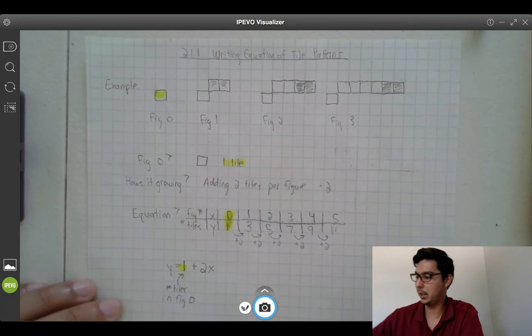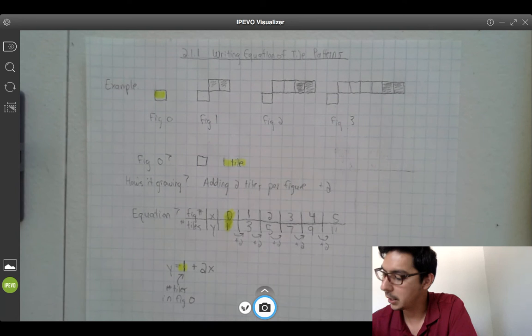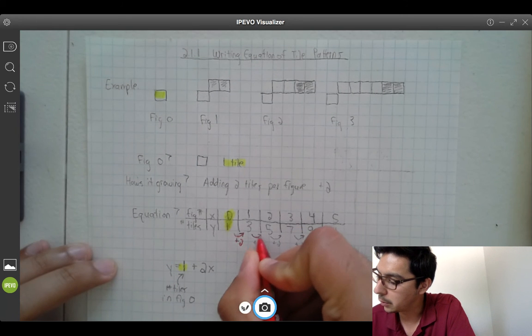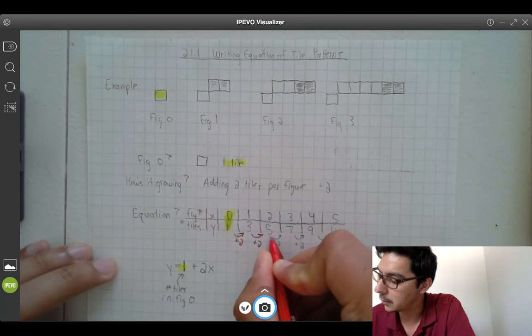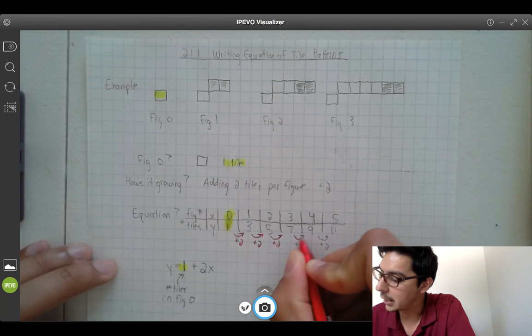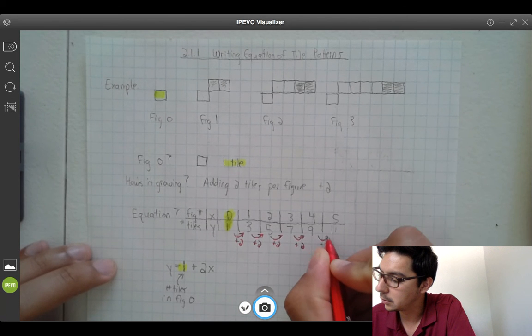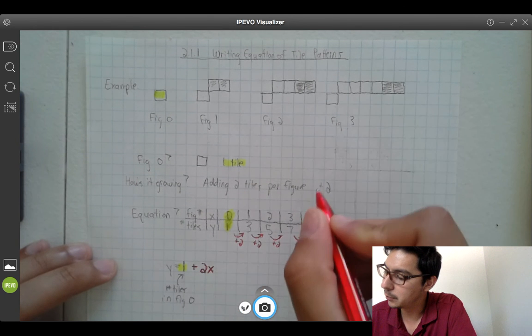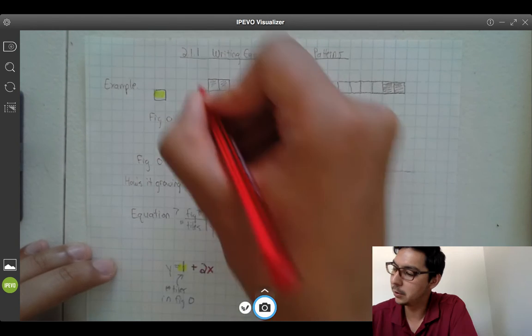Where does the 2x come from? The 2x is the growth, and I'll use red to help you see that. Notice how it's adding 2 every time. And that's where the plus 2x comes from, that's the growth.